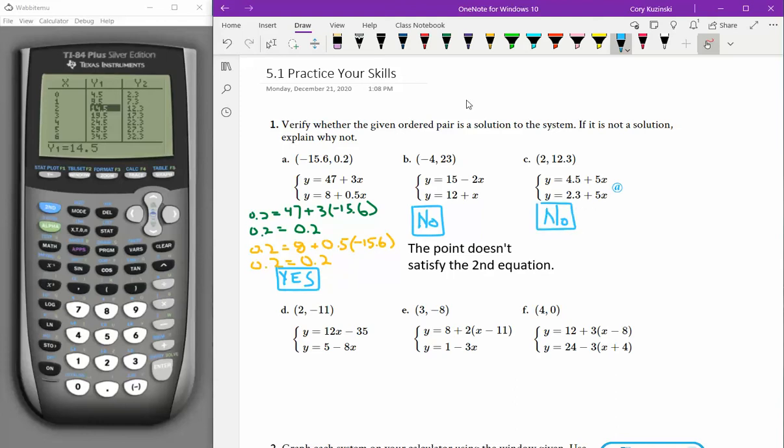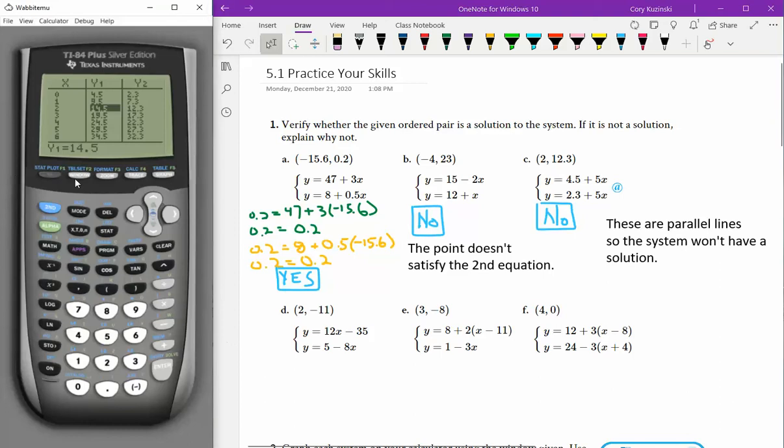Or I'm just going to say these are parallel lines, so the system won't have a solution.